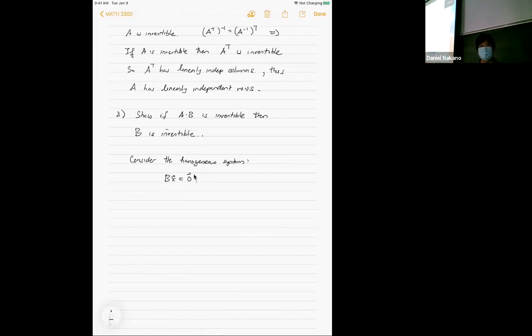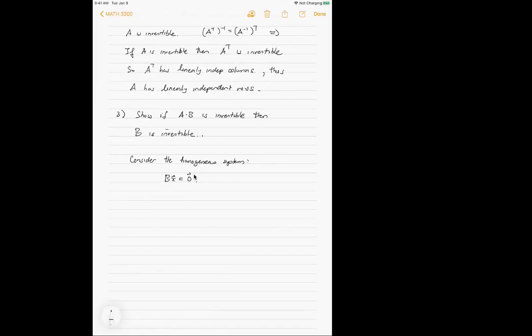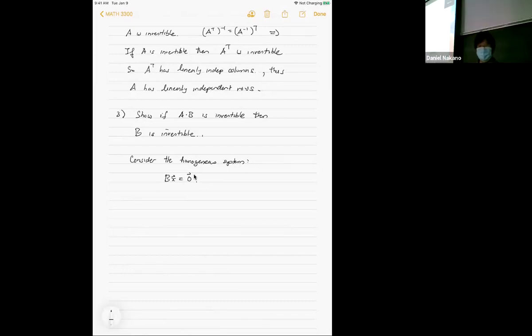What's our hypothesis? AB is invertible, then B is invertible. No, the hypothesis is just that A times B is invertible. The conclusion we want to make is that B is invertible. So now we know A times B is invertible.